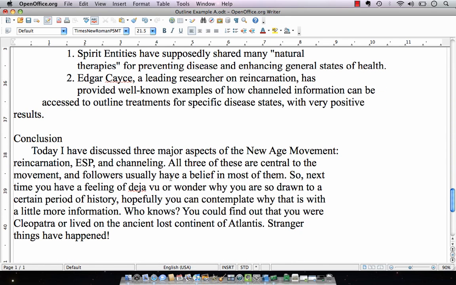You notice right before the conclusion there is no transition. That's because the transition is naturally built into the conclusion when you signal the end. So, right before our paragraph for the conclusion, we write conclusion, and then we signal to the audience that we're ending the speech.